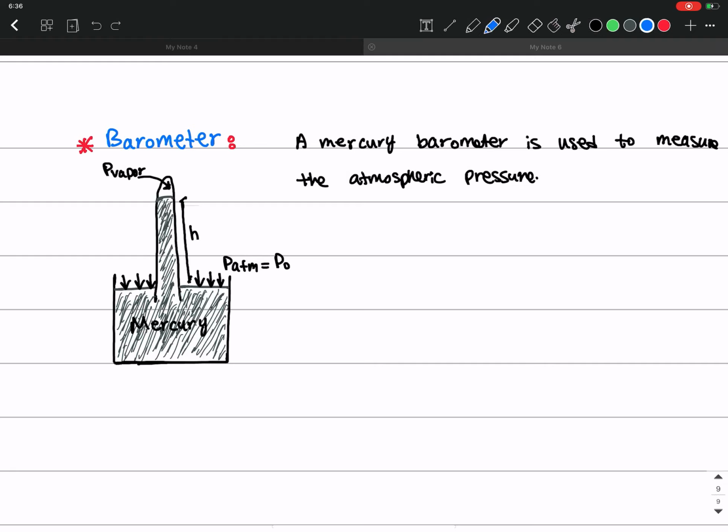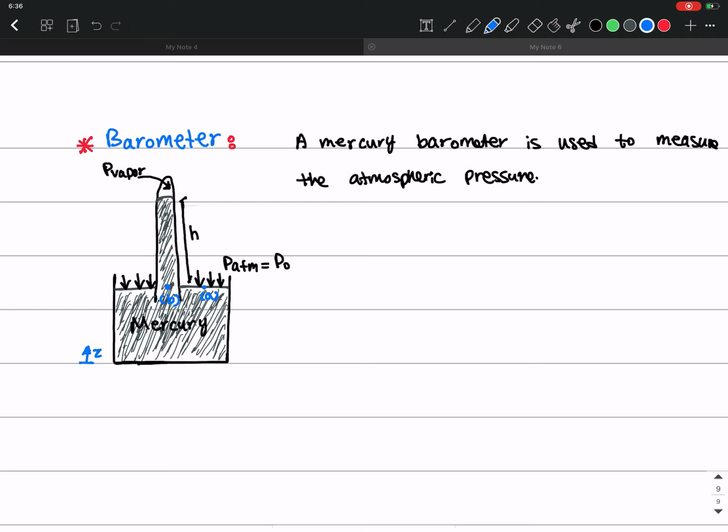If we move horizontally, the pressure is not going to change, okay? So I'm going to call this point A, and this point B, right? And because they are on the same depth with respect to the z direction, their pressure should be equal, okay?